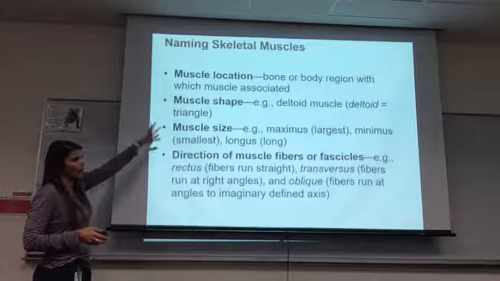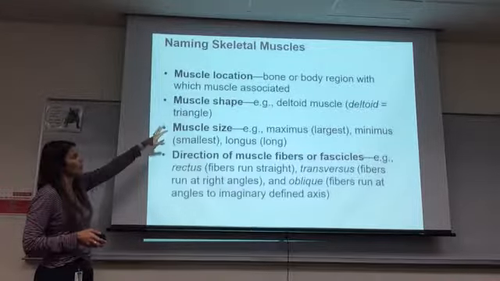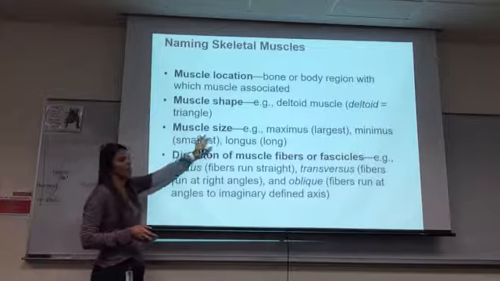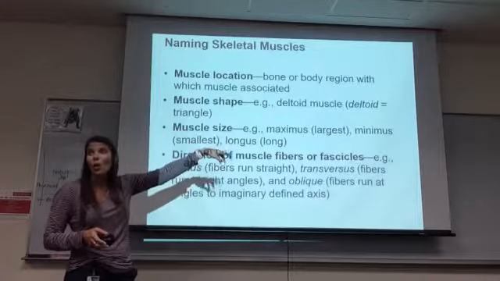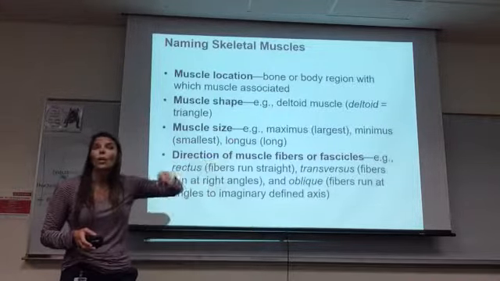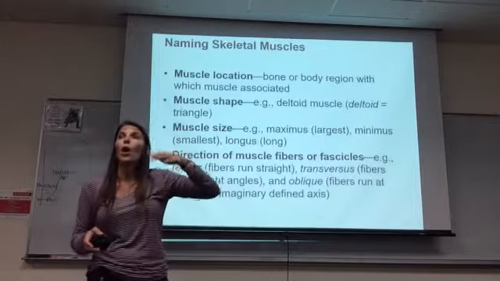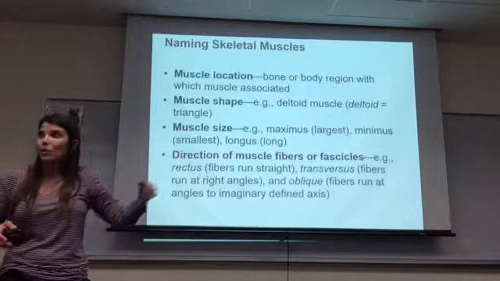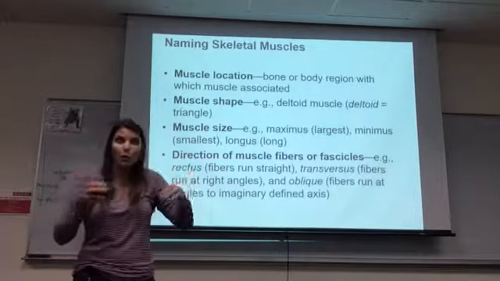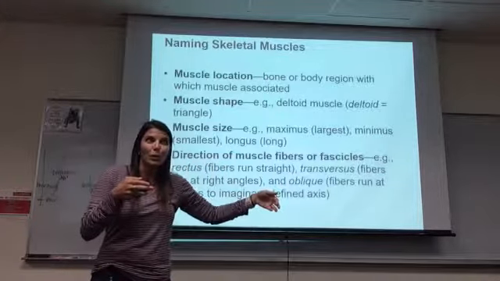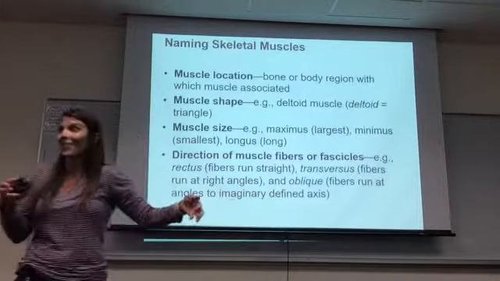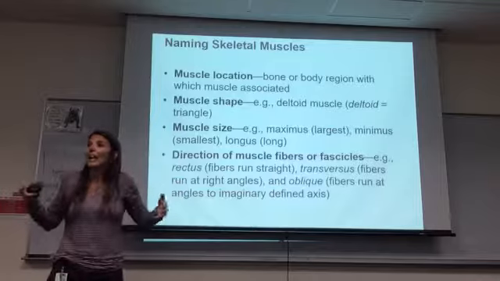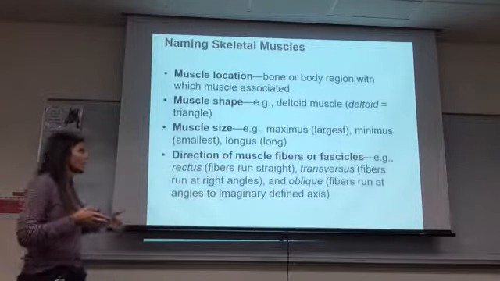It might not give you any information on the location, but it may give you information on the shape. The size of the muscle: you might hear maximus, or minimus, or medius, or intermediate, or longus, or longissimus. So there's long, then there's longus, then there's longissimus. That means the longest. Yeah, I know. But you can kind of get that information as you start to dissect these words.